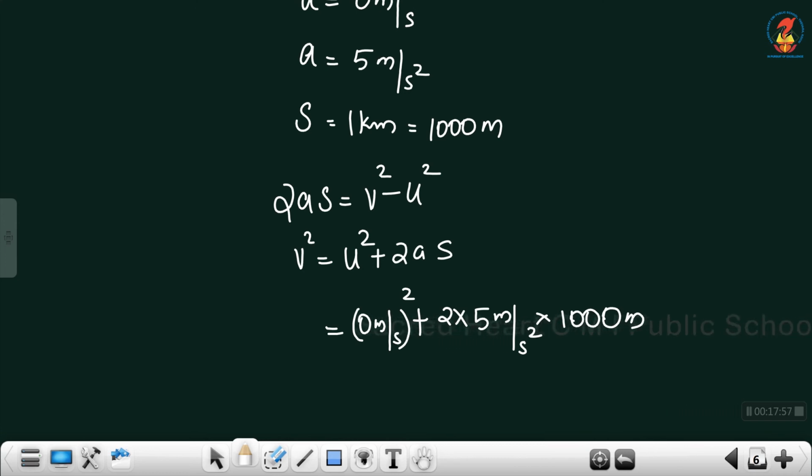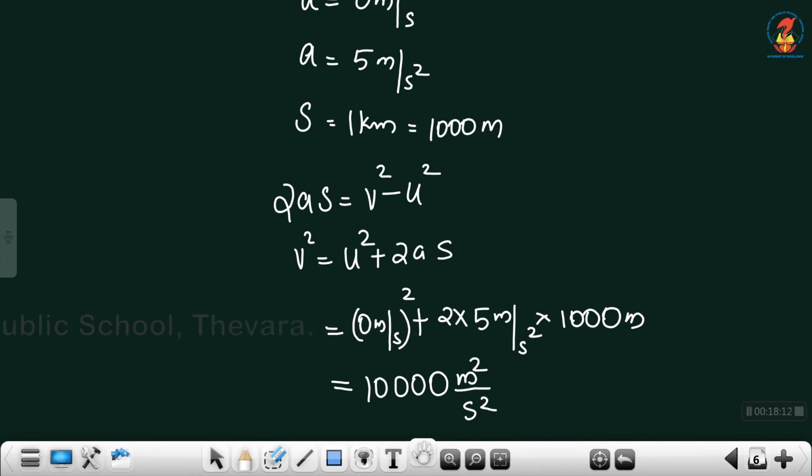So, 2 into 5, 10, 10 into 1000 meter square by second square.